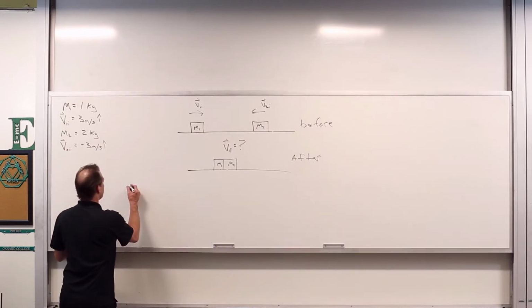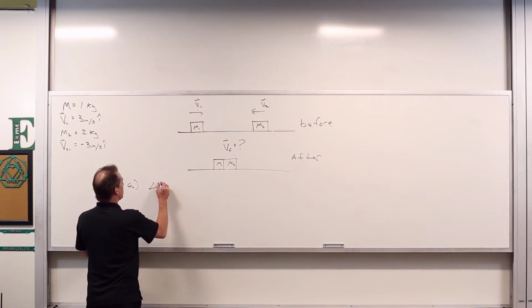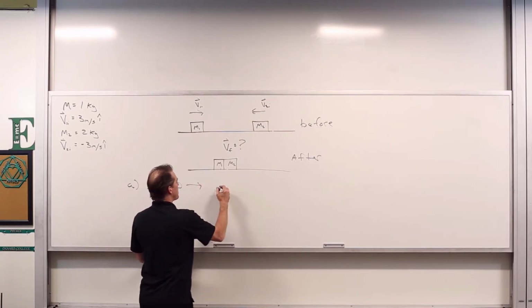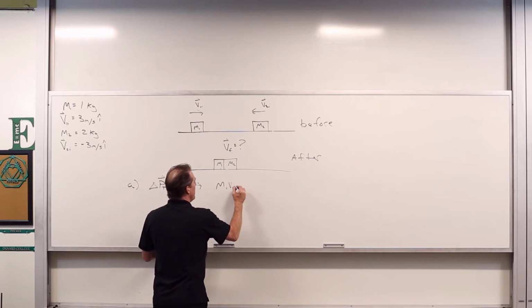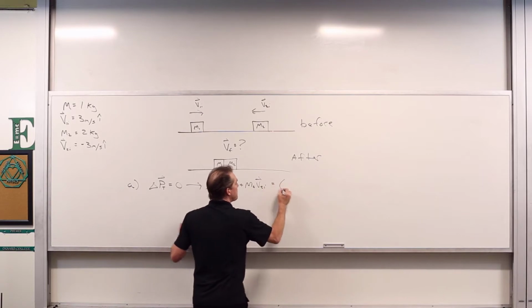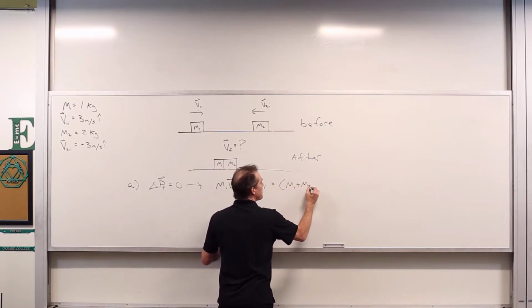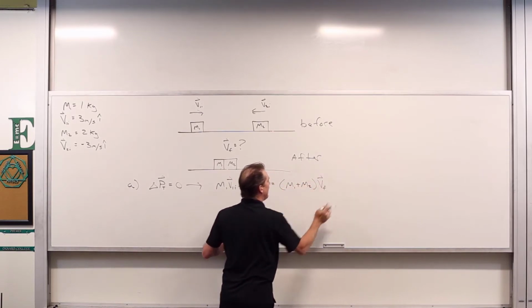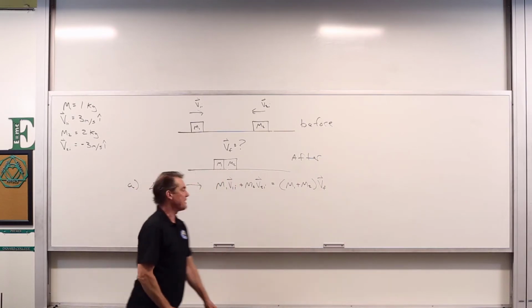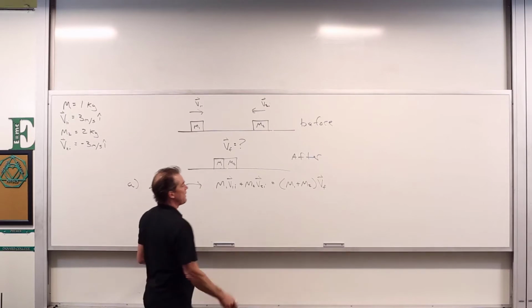So delta p total is equal to 0, which gives us that m1 v1 initial hat plus m2 v2 initial hat must be equal to the quantity m1 plus m2 times v final hat. Again, they stick together, forming one common mass with one common velocity.